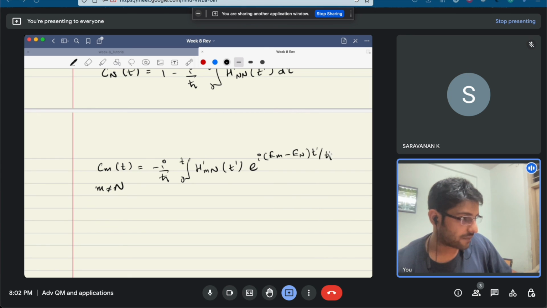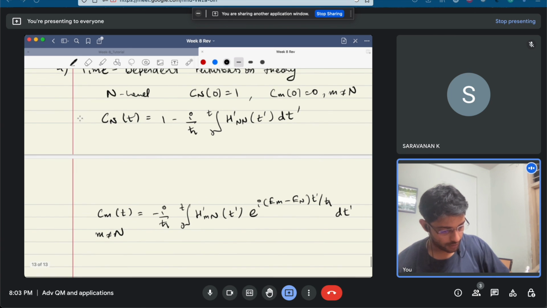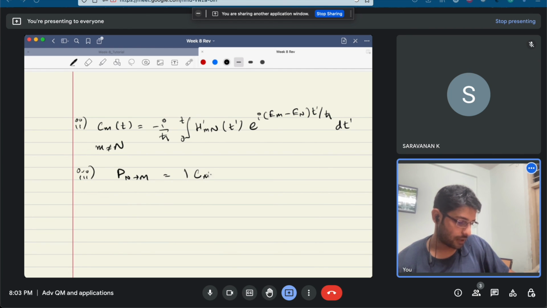You can actually derive this on the spot as well. It might take some time, but these are easy to remember as well. They're not very hefty equations. And one more formula that you can keep in mind: this is first order, second order, and finally you have your probability of transition from n to m, which is given as the mod square of Cm of t.